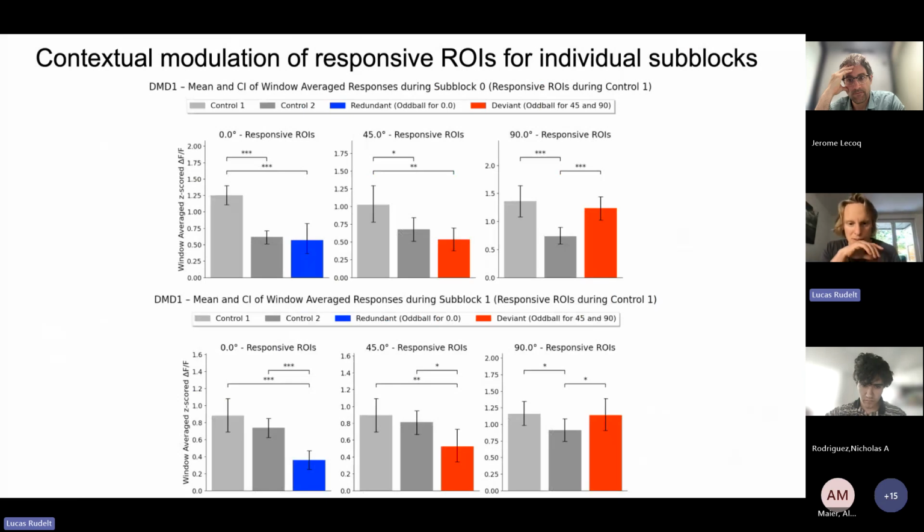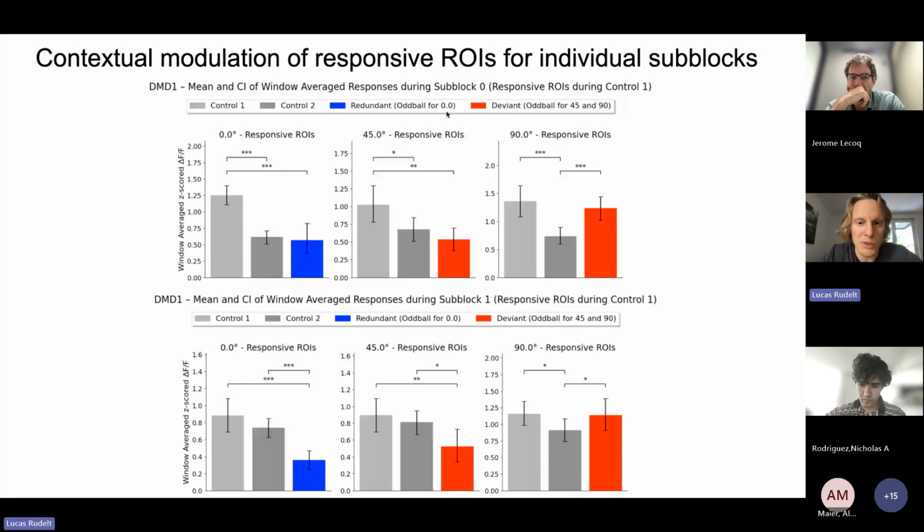I just wanted to show you that if we do the same analysis as before, but just use the first half and the second half of each block, we see that this long-term depression effect that we've been seeing in the beginning is just a property of the transient response of these units or ROIs.